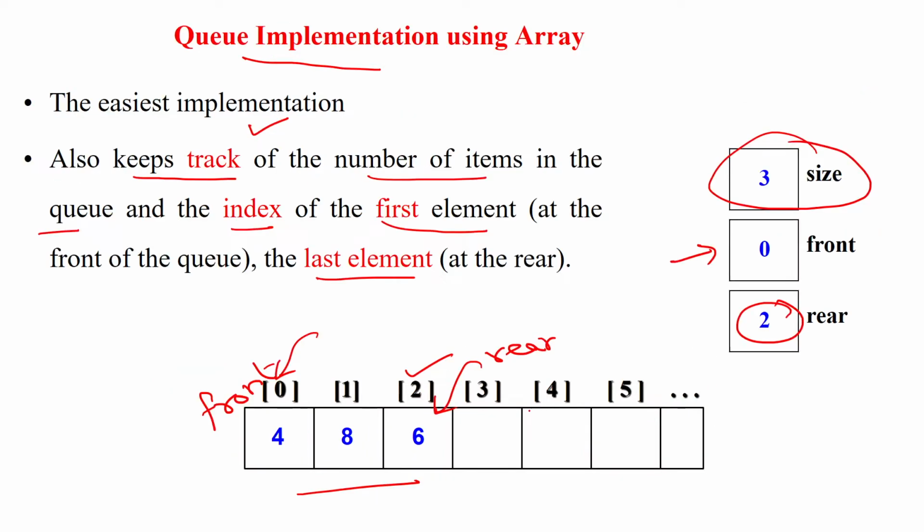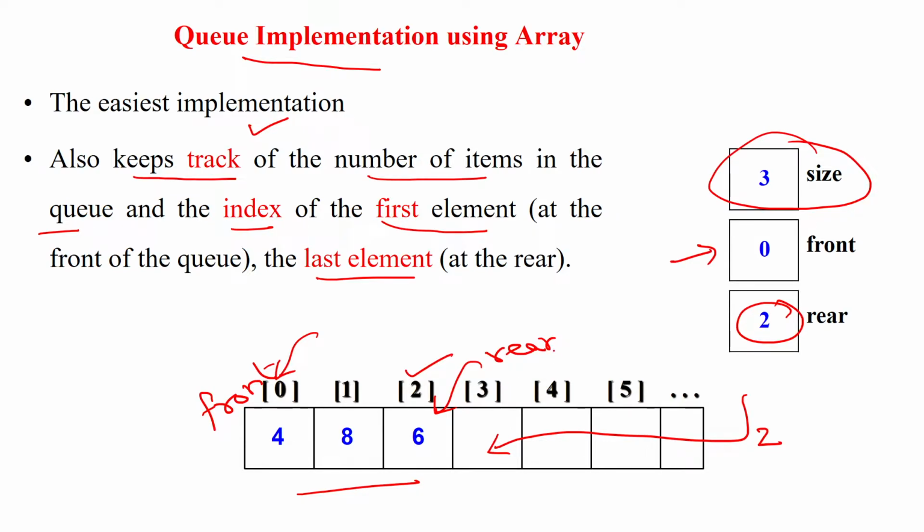Earlier, this is the structure of the queue. Now I want to insert the new value 2 into the free space. The new data will always be assigned into the free space at the back end of the queue, that is, at the rear pointer.